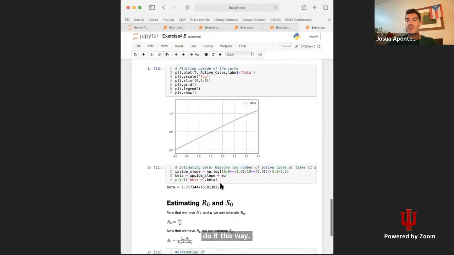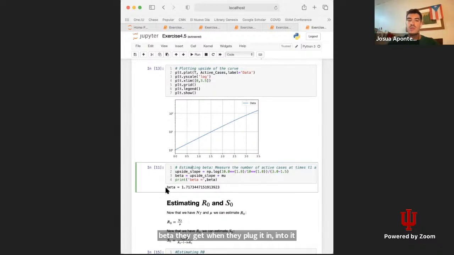So again, I want someone to try different values now, let's say 0.5 and 2.5, and tell me what value of beta they get when they plug it into this equation.